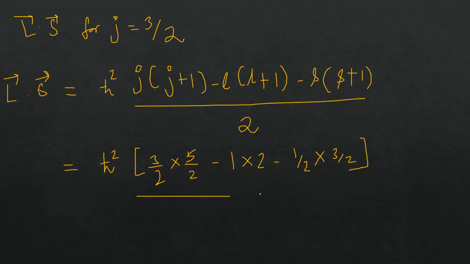So this one is ħ², and 3 by 2 and 5 by 2 is 15 by 4.